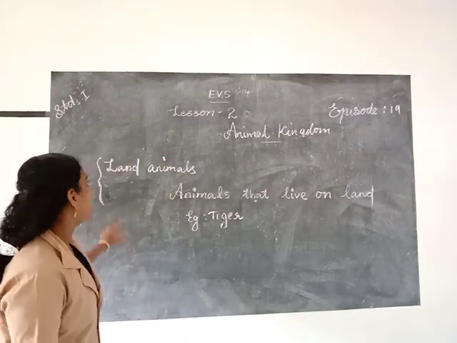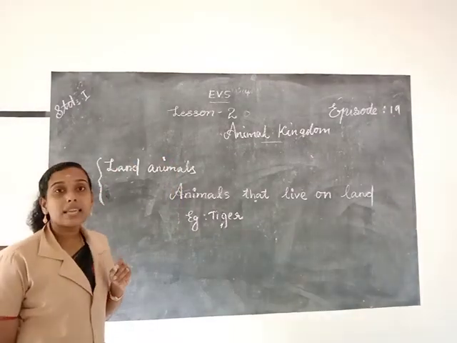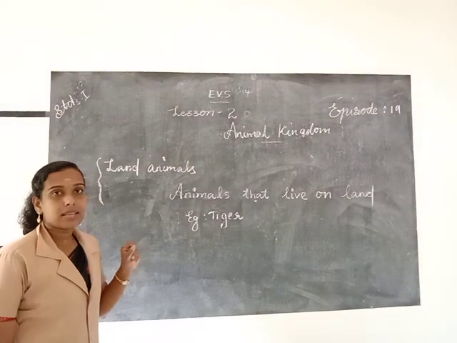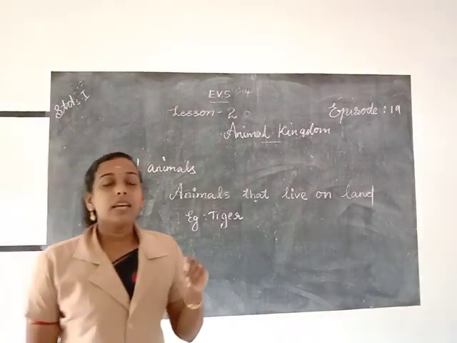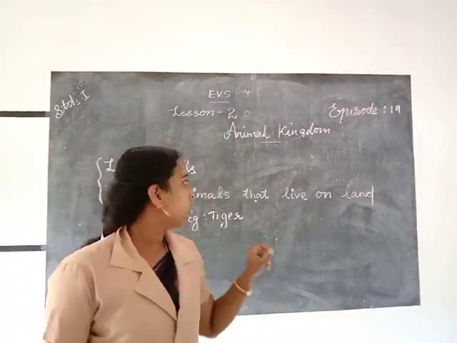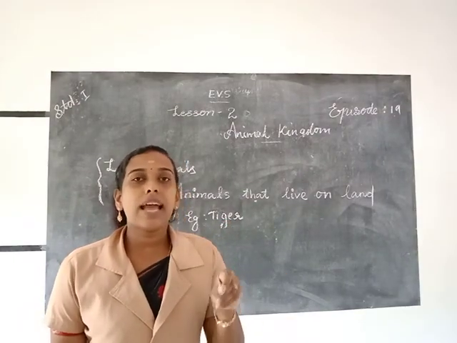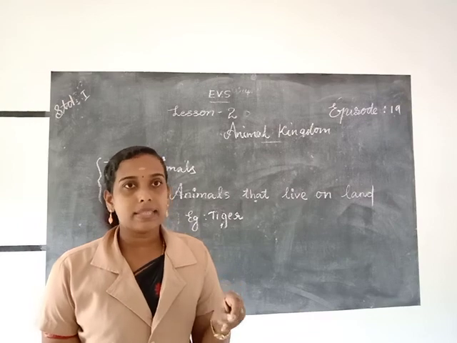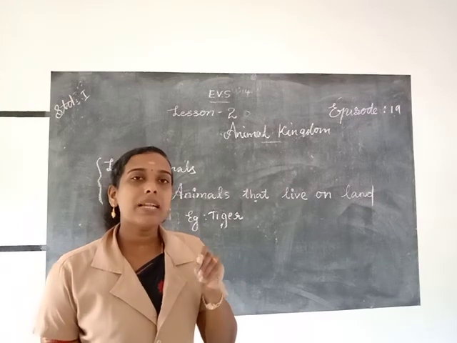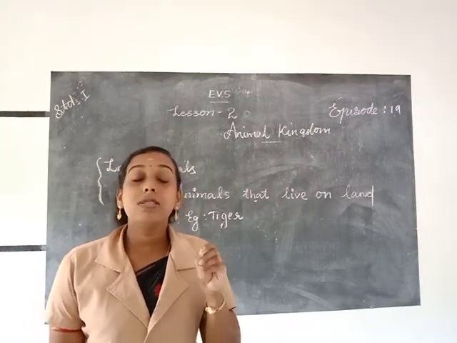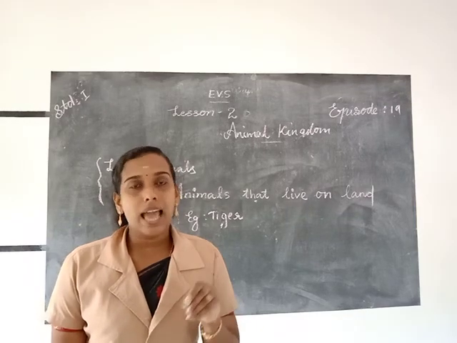And another name for land animals is terrestrial animals. In the last chapter, we studied that the plants that live on land are called terrestrial plants. The animals that live on land are also known as terrestrial animals.